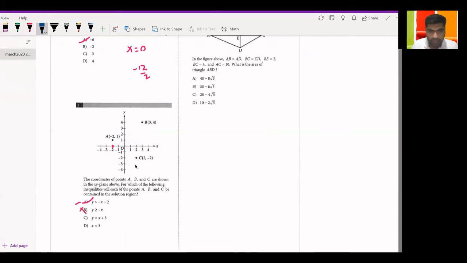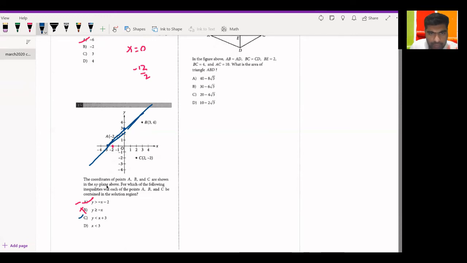If I check for C, y less than x plus 3. So y-intercept is 3, x-intercept is minus 3. So this is the line. So this thing works out as well.